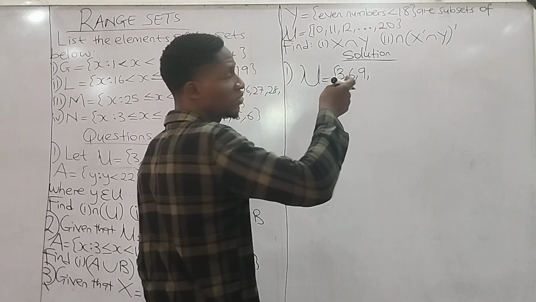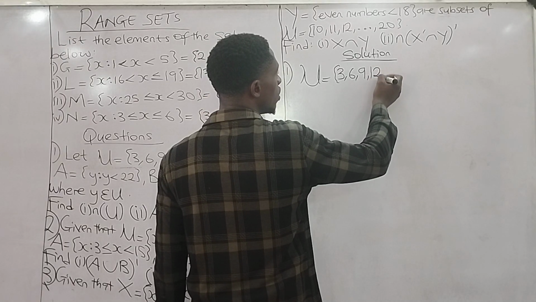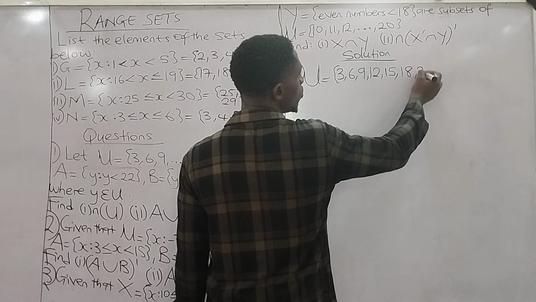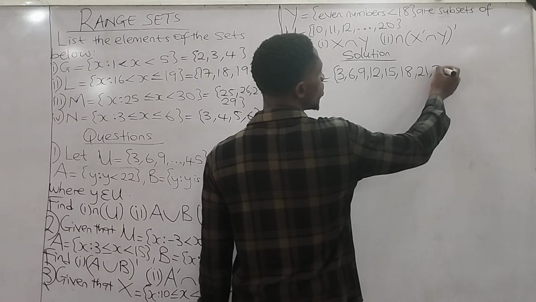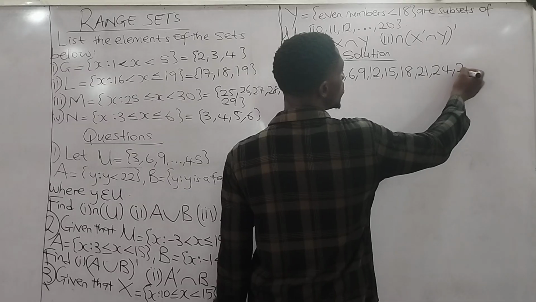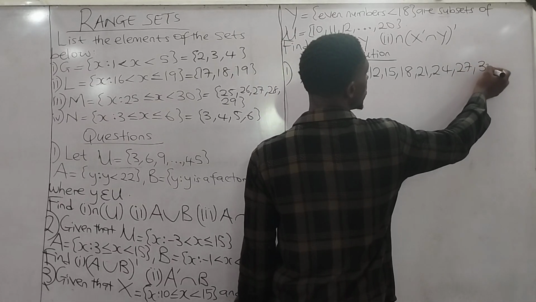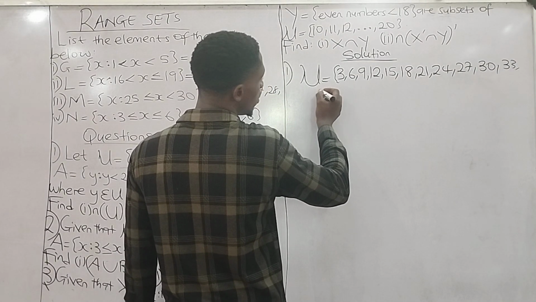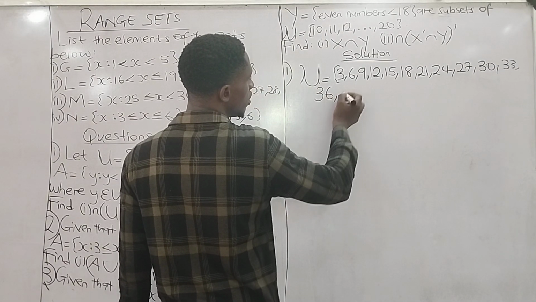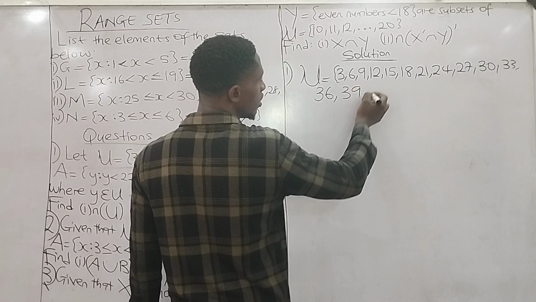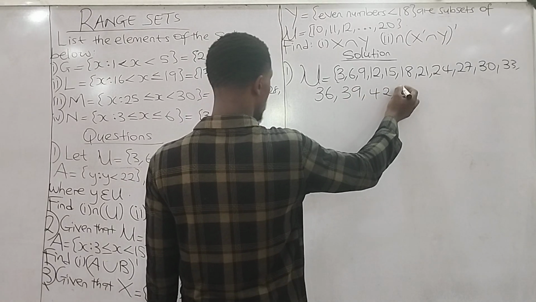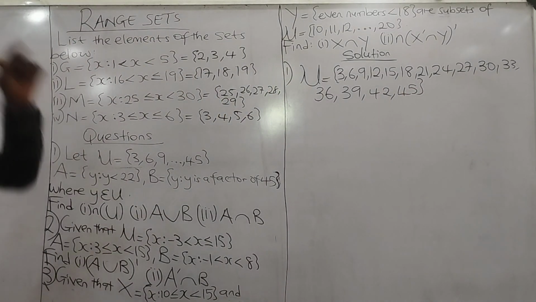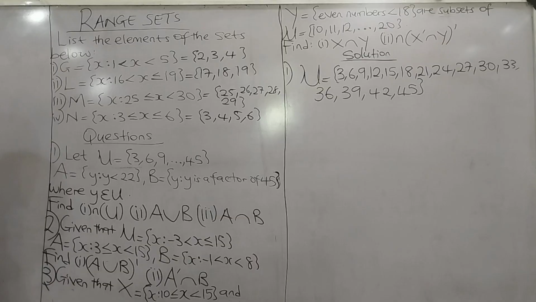These are multiples of 3: 12, 15, 18, 21, 24, 27, 30, 33, 36, 39, 42, then 45. So this is all the elements of the universal set.